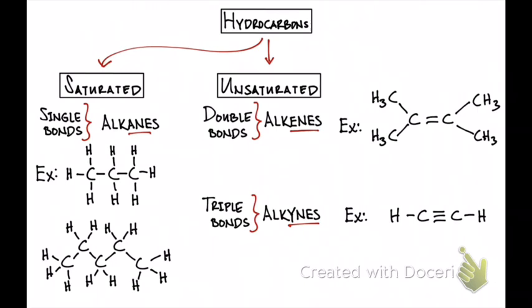It contains two carbon atoms with a triple bond. And this compound is called ethyne. So it ends in yne. But the common name actually ends in ene, and this is called acetylene. But based on the scientific name, it's actually ethyne.